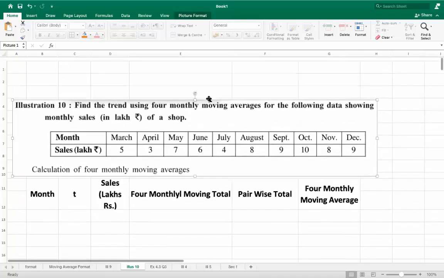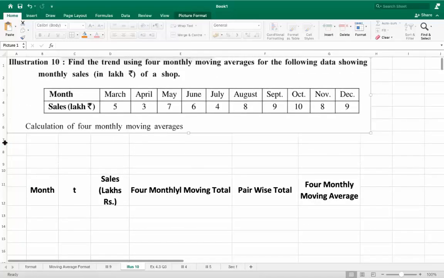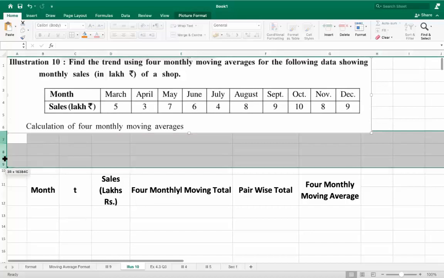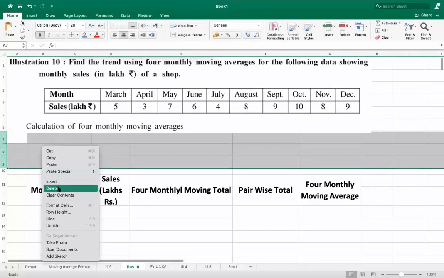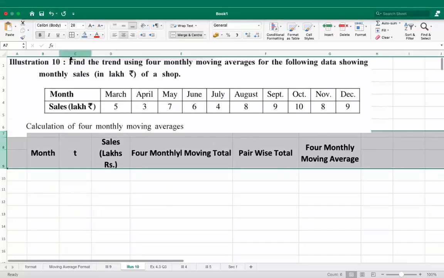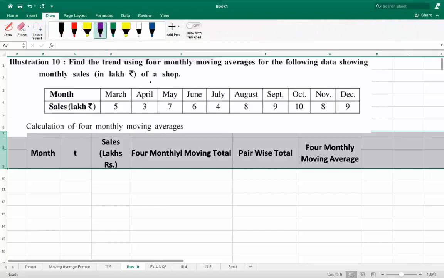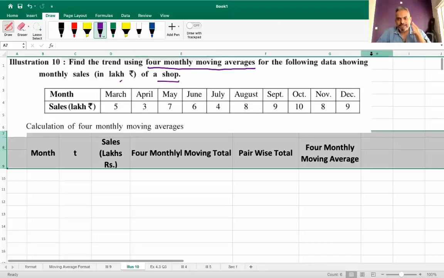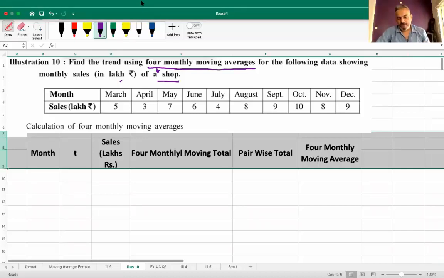Now, find the trend using, please underline, 4 monthly moving average, for the following data showing monthly sale in lakh rupees of a shop. Now we have to find out the 4 monthly moving average. Over here you can see it's 4 monthly, so it's an even number. So it's a different way how we have to solve it.